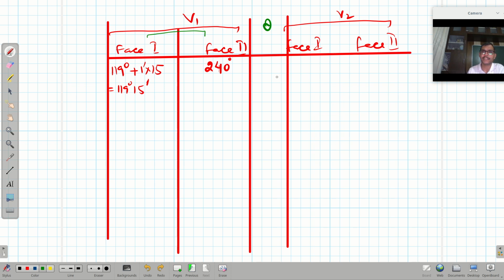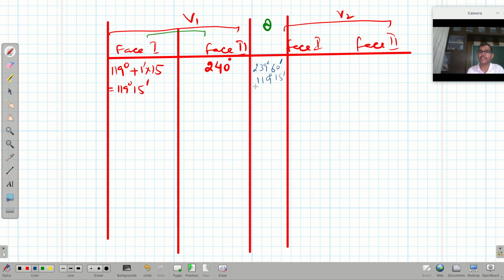So let us do a small calculation here. It is 240 degree 00 minute. It can also be written like this: 239 degree and 60 minute, and here it is 119 degree and 15 minutes.